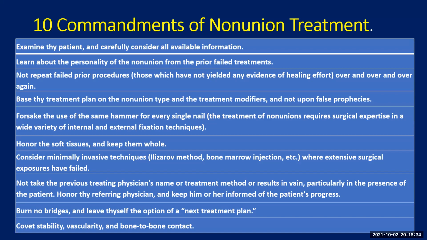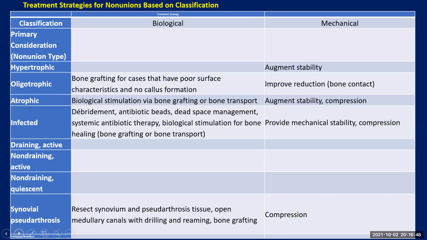Honor the referring physician and keep him or her informed of the patient's progress. Burn no bridges, that is, leave thyself the option of the next treatment plan. Covet stability, vascularity, and bone-to-bone contact, which was the main cause of non-union. So, this is again a repeat of what I have told just now.